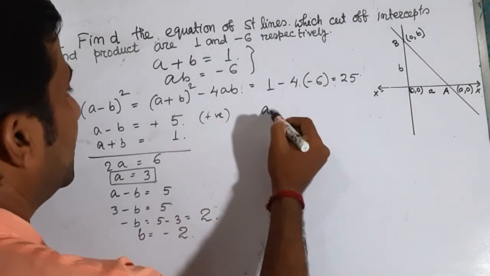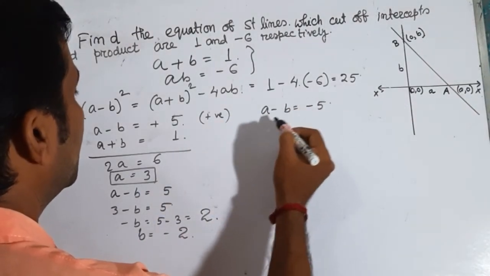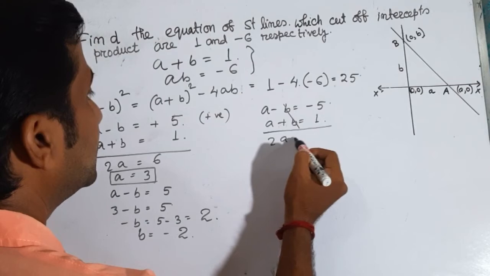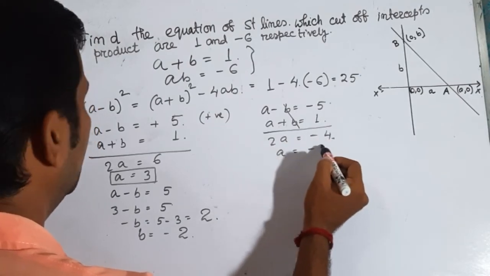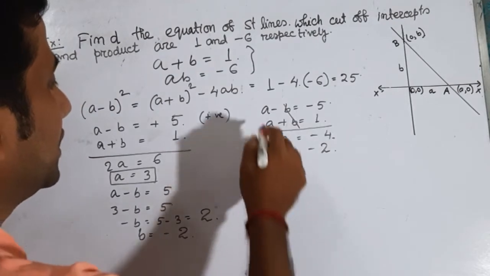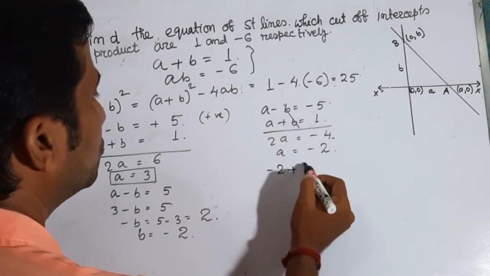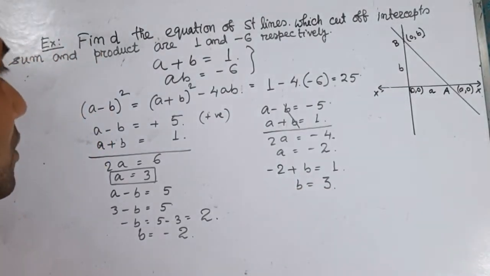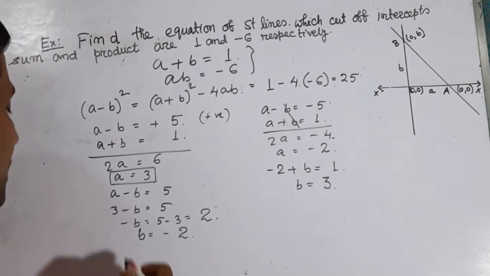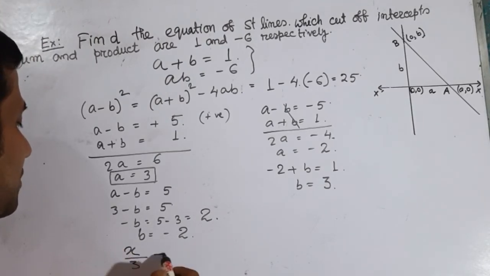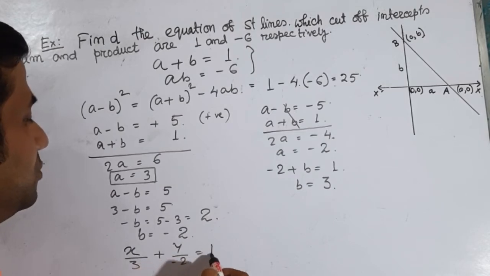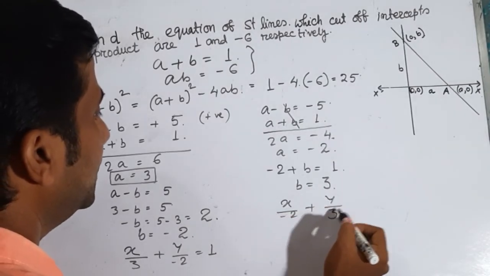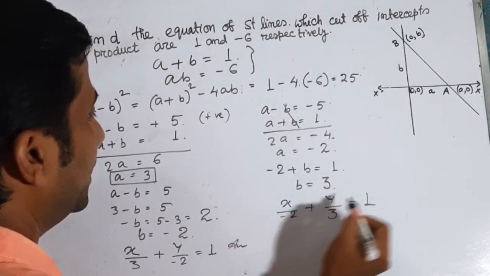Taking a minus b is equal to minus 5 and a plus b is equal to 1, we get 2a is equal to minus 4, or a is equal to minus 2. Putting a is equal to minus 2, we get minus 2 plus b is equal to 1, that means b is equal to 3. So our required equations are, from the first, x by 3 plus y by minus 2 is equal to 1, and from the second, x by minus 2 plus y by 3 is equal to 1. This is the required answer.